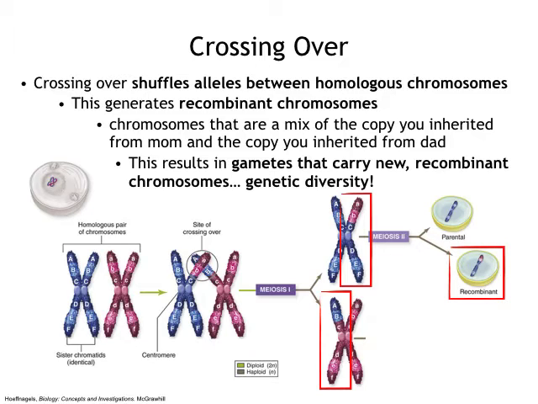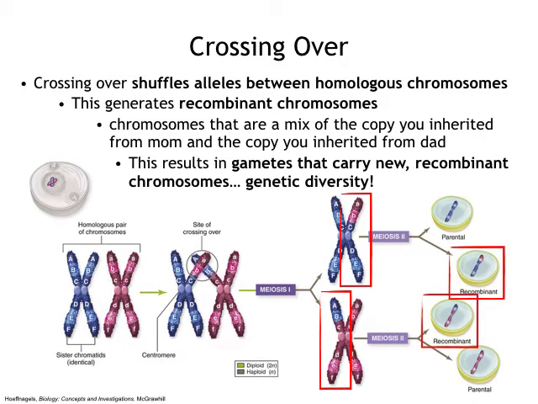Because remember, this is happening in one individual. This is meiosis. This is happening in the sex cells of an individual. And in those sex cells, meiosis and crossing over are shuffling the chromosome you got from your dad and the chromosome you got from your mom.